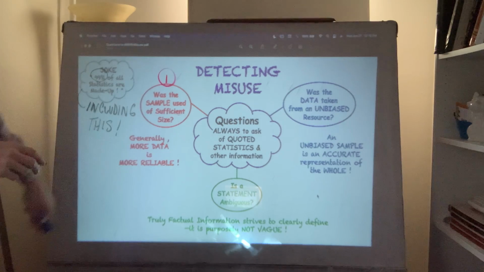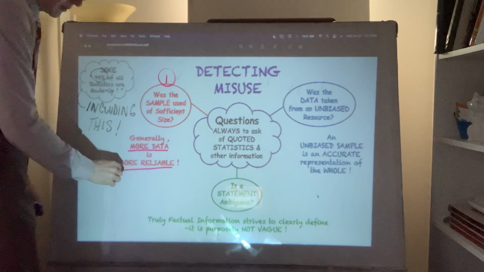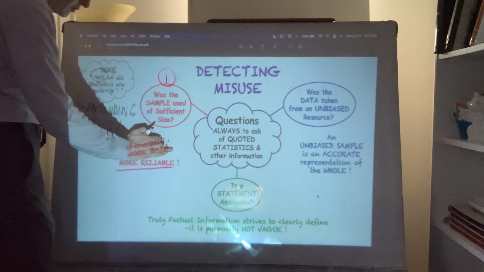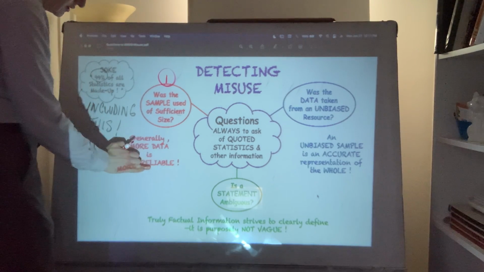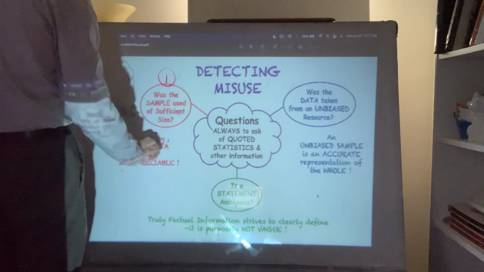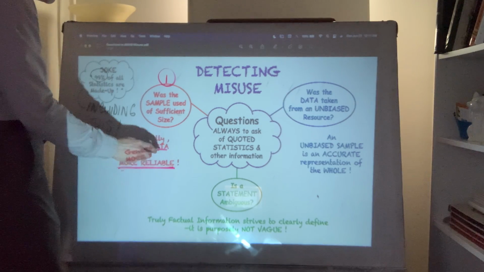of sufficient size? Generally speaking, more data is more reliable. Now, you could have a bunch of bumbled experiments and a lot of data taken into consideration, which is why I say generally. But it's slightly more trustworthy when you have more data.